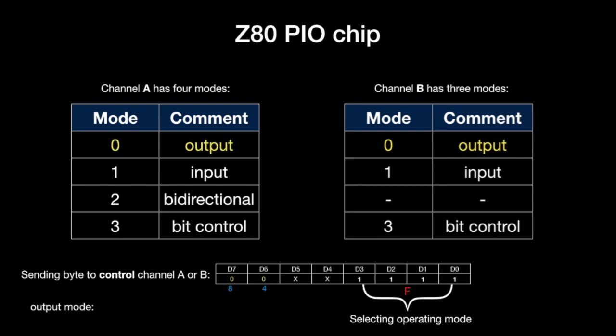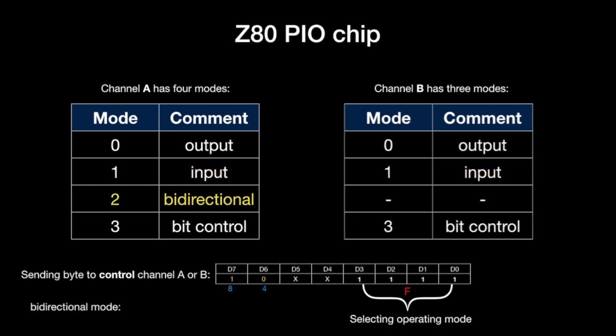So if you choose output mode 0, the value is 0, 0, so the output mode byte is 0F. If you choose input mode, the value is 0, 1, and the hex value is 4F.